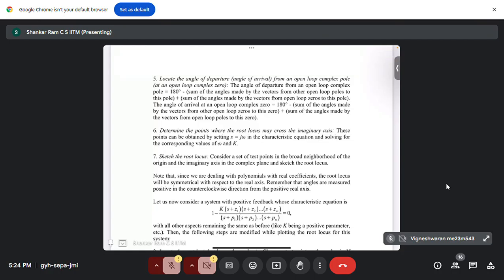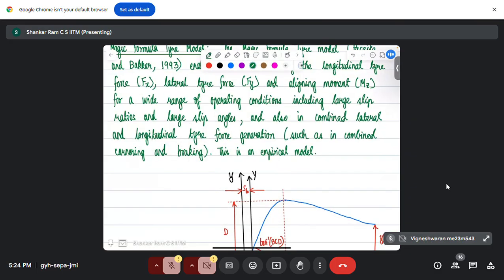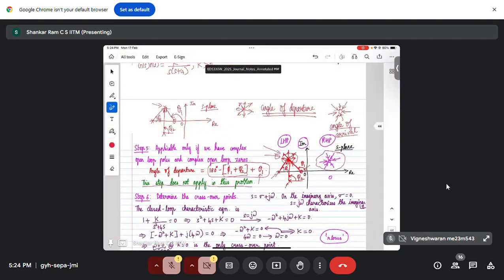Okay, thank you. Sir, can you go back to that slide? In our first example, we have this angle theta 1 from the open loop zero to the open loop pole.